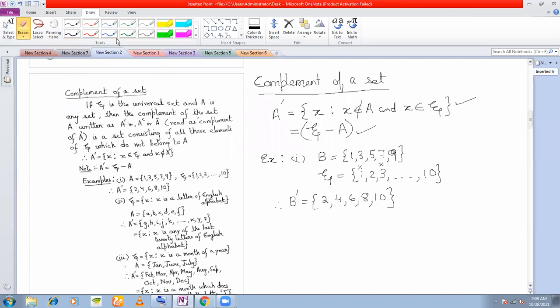Okay, let's take the next example. The next example here is, given xi is equal to, now this is given in set builder form, x such that x is a letter of the English alphabet.